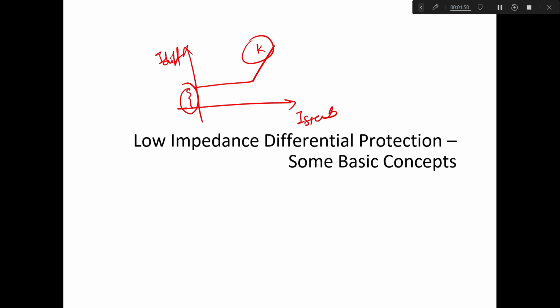And this difference is due to two of the most important factors. One, in case of a transformer, the voltage ratio on one side and on the other side is different, and due to that there is a difference in current in case of transformer differential protection between the primary and the secondary sides.